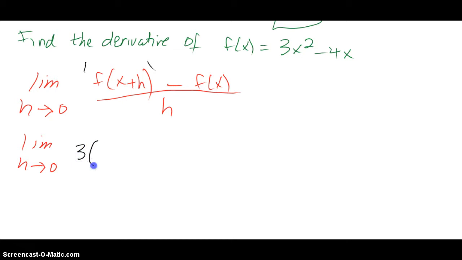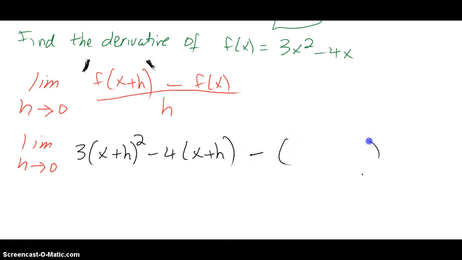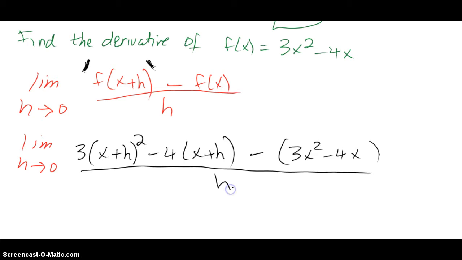So that's 3 times x plus h squared minus 4 times x plus h. So now I've taken care of this part right here. Now I do minus whatever my function is, which is 3x squared minus 4x. And all of that is over h.